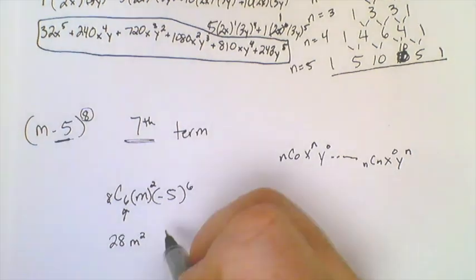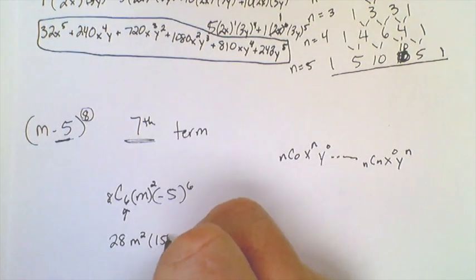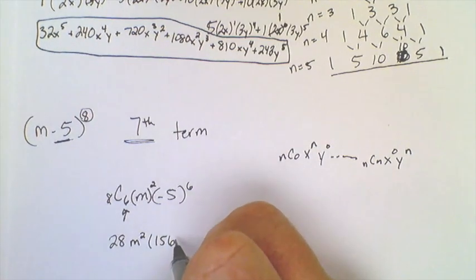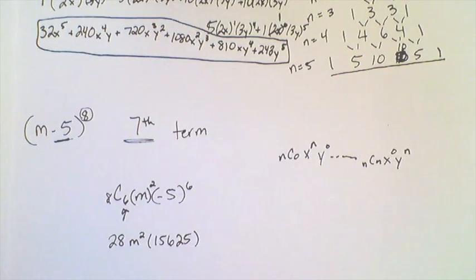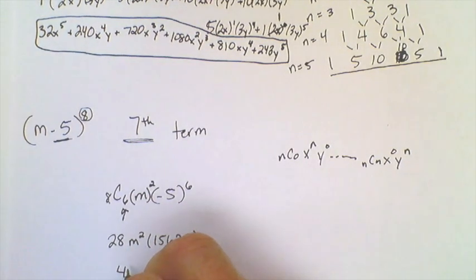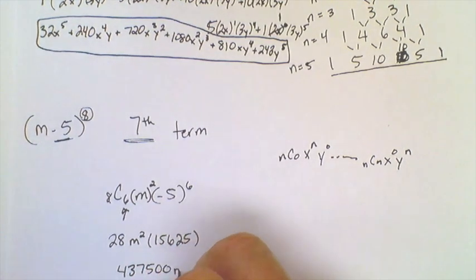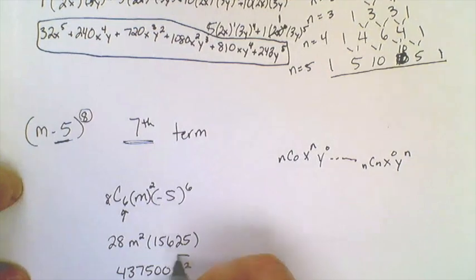That's going to give you a positive 15,625, and we multiply that by the number out front, which is 28. So we get 437,500 m squared.